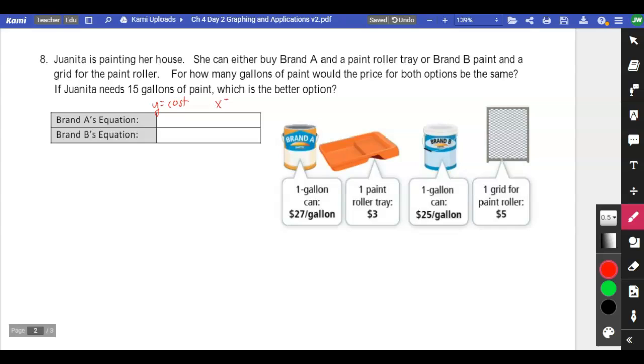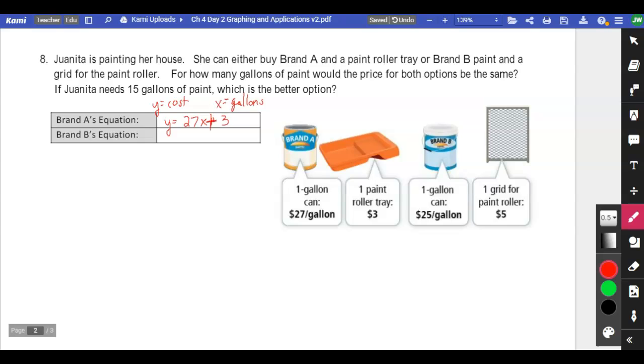And x is equal to gallons of paint, because that's $27 per gallon. So our total cost is equal to $27 per gallon. Or actually, I'm sorry, we're doing x, but you could do g there because that would make sense. Plus, you're going to buy one roller tray for $3.